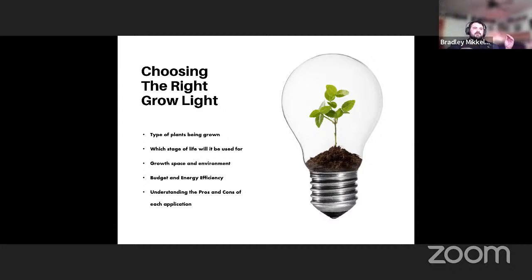And so, whether to choose a high intensity discharge or an LED fixture: an LED can cost more than 4 times the amount of a high intensity discharge, but you're going to end up paying more per month to run that high intensity discharge light compared to the LED light. So there's a lot of factors that are going to come into play for you personally and the application that you're trying to do.